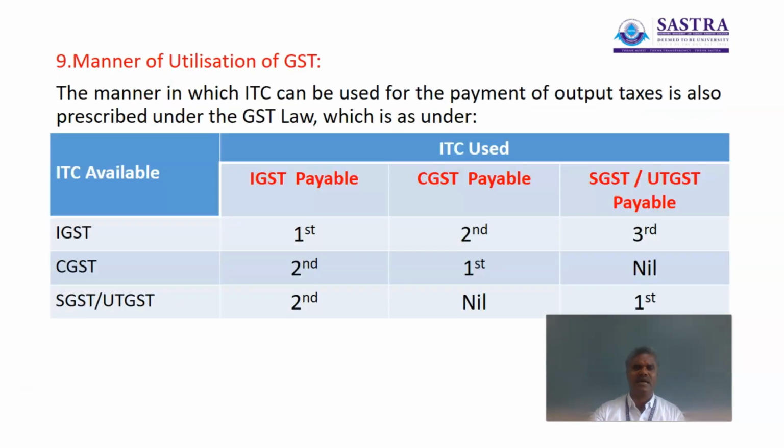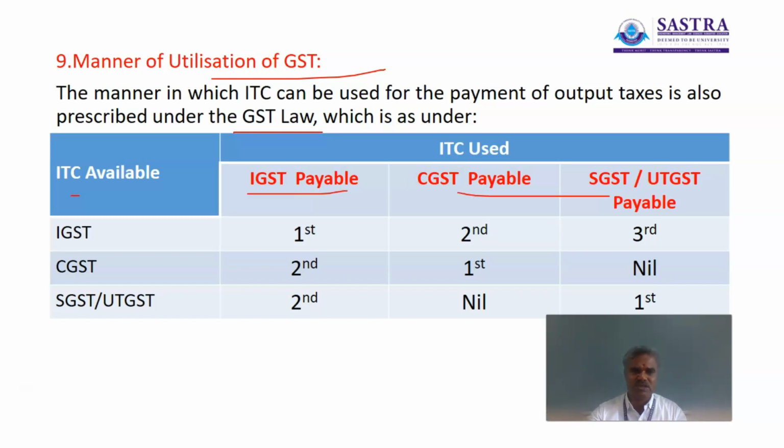This is the manner of utilization of GST. We will discuss the same topic in payment of GST also. You see, ITC used. Suppose you have ITC. ITC is nothing but input tax credit. Already you paid tax on your purchase. Now it has to be adjusted against IGST payable.